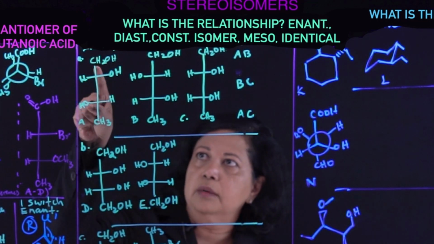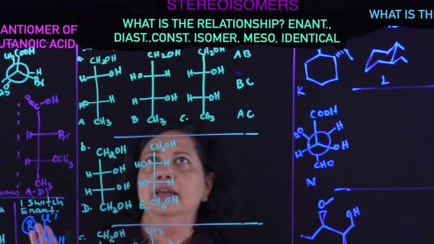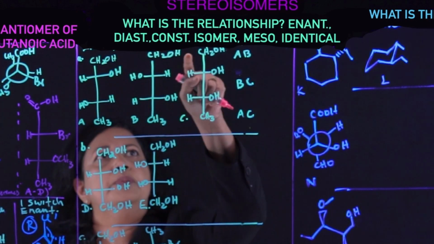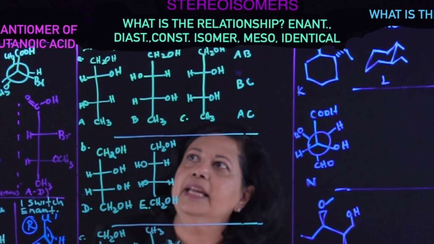Do they have all the carbon chains on the vertical line? Yes. You don't need to change anything. And they also have the same groups on the top, same groups on the bottom. So this is a good place to start.